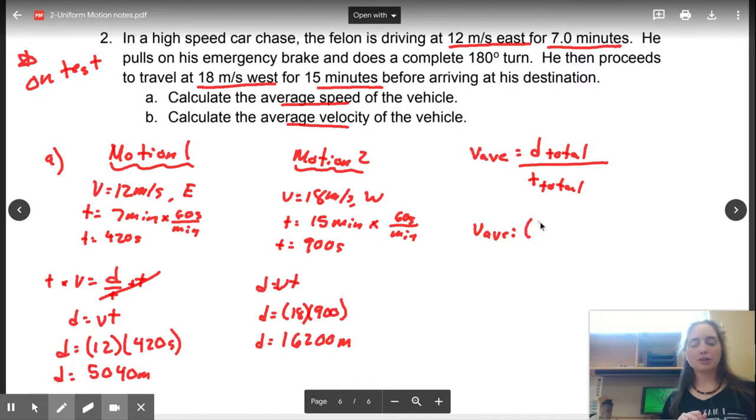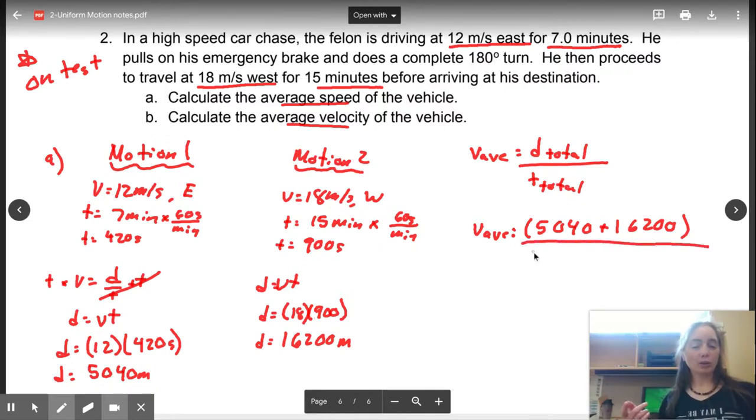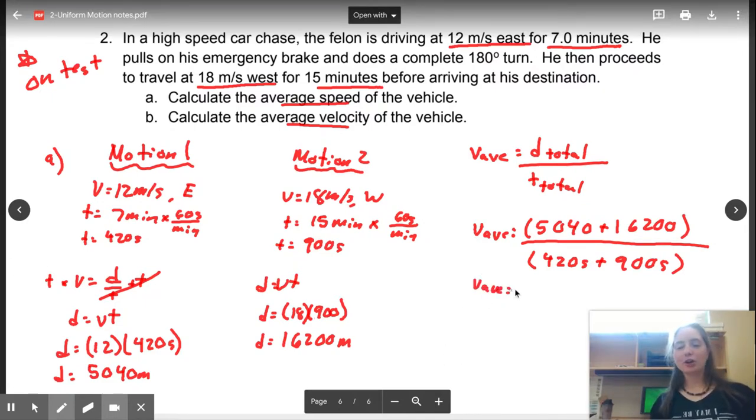Okay, so 5040 plus 16200, okay, total distance, we got to add those together, divided by the total time. All right, so we have our total time of 420 seconds plus 900 seconds.